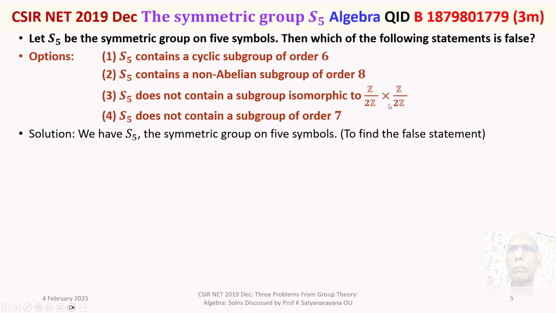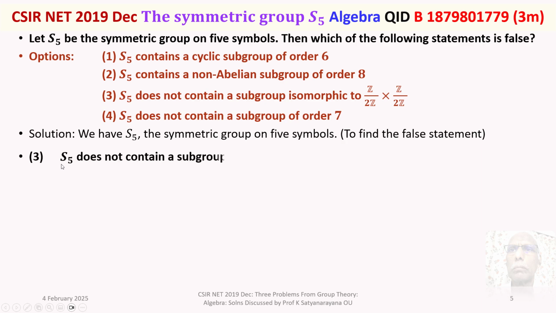But K4 is a subgroup of S4, so it is a subgroup of S5. I will show you an example where K4 is isomorphic to a subgroup of S5. So S5 contains a subgroup isomorphic to Z/2Z × Z/2Z, but it is given that it does not. Therefore, this is the false statement.